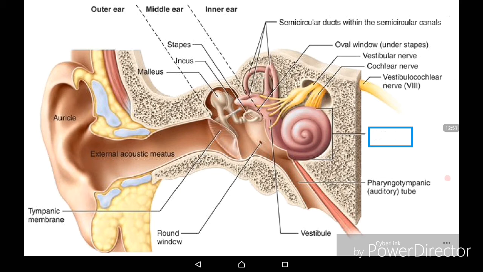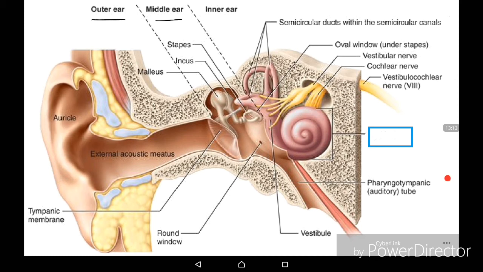Now we will speak about the acoustic analyzer. We have the external ear: auricle, external acoustic meatus, and tympanic membrane. We have the middle ear.